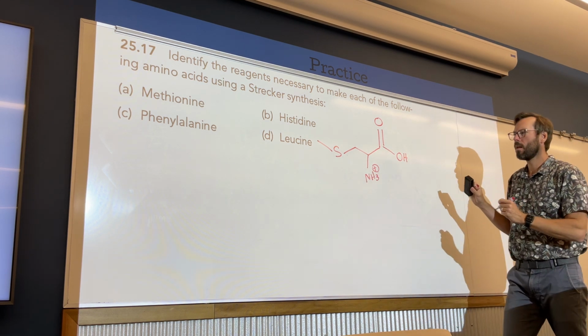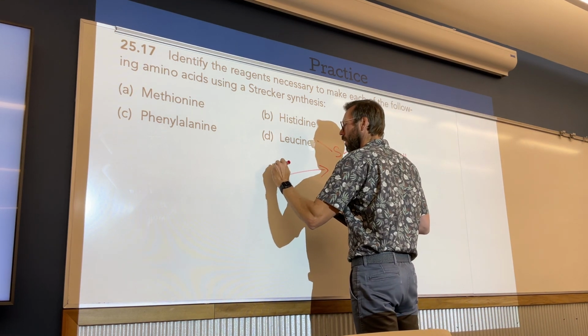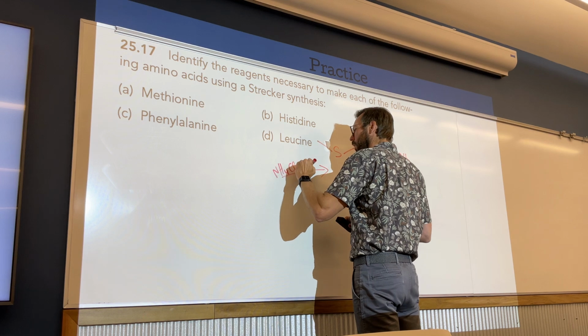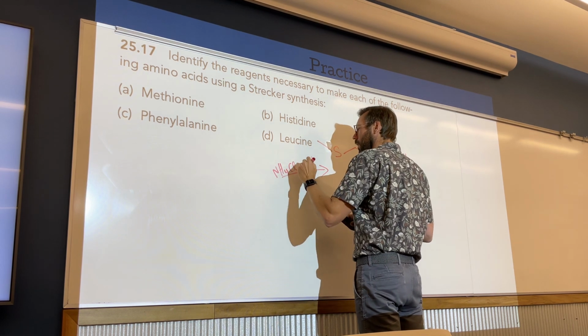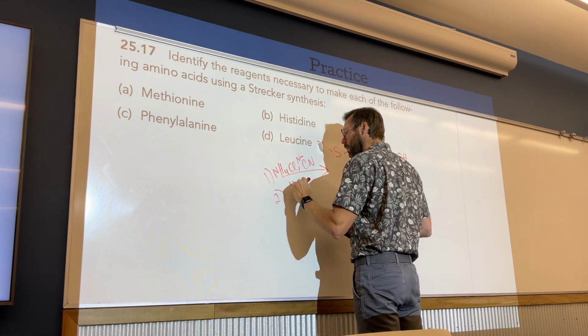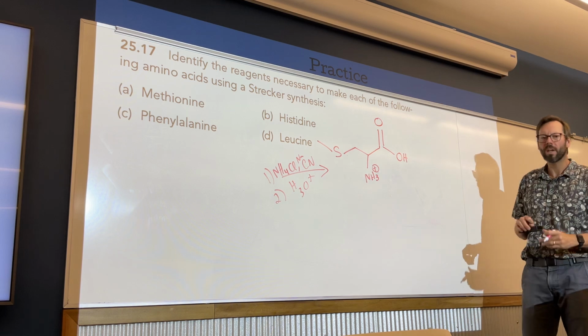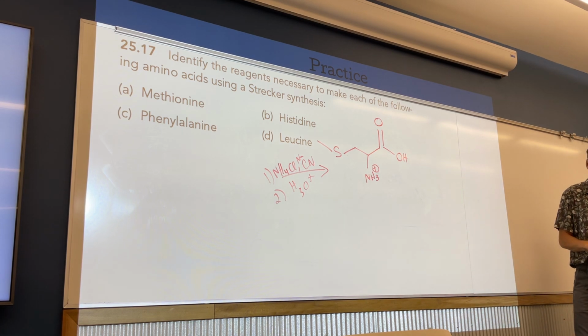Question is, when we use ammonium chloride, sodium cyanide, and H3O+, what is our precursor? It's just going to be that group attached to a carboxylic acid.